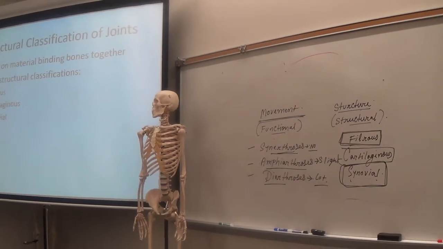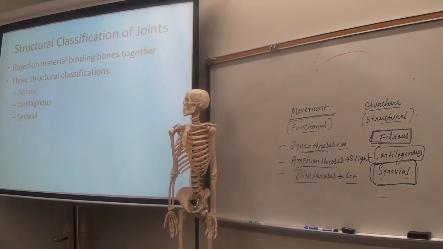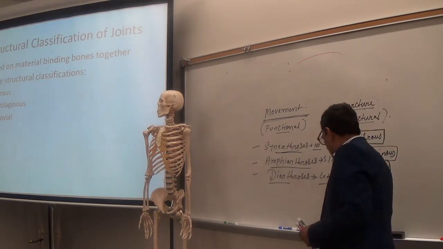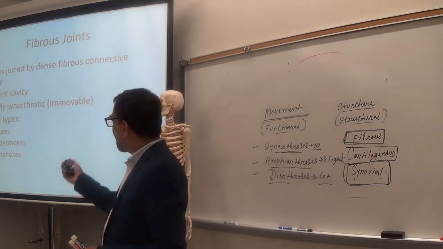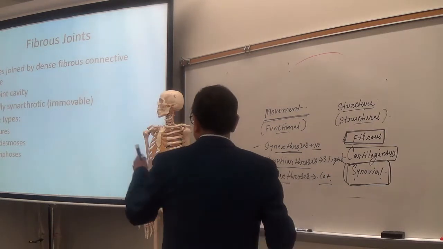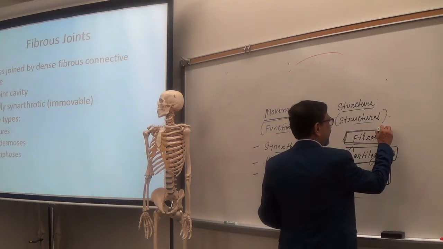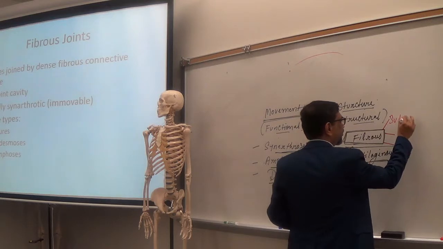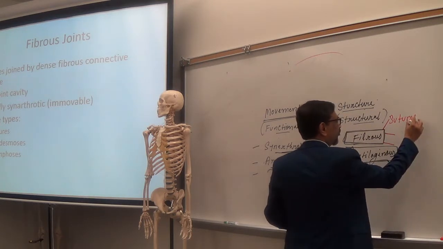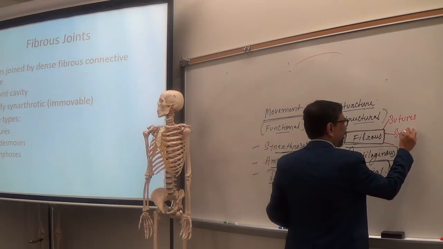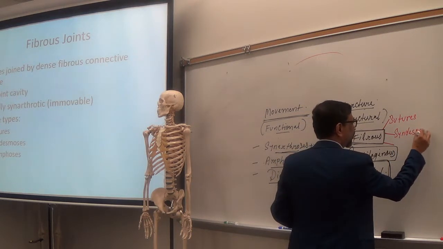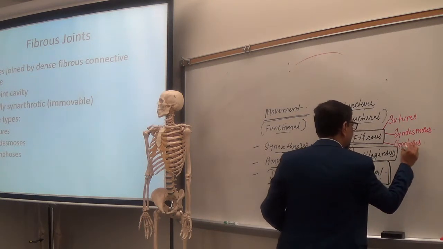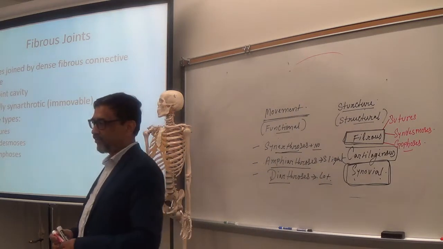Okay, let's see what are those three types of fibrous joints: sutures or sutural joints, syndesmosis, and gomphosis. Okay, so these are three types of fibrous joints.